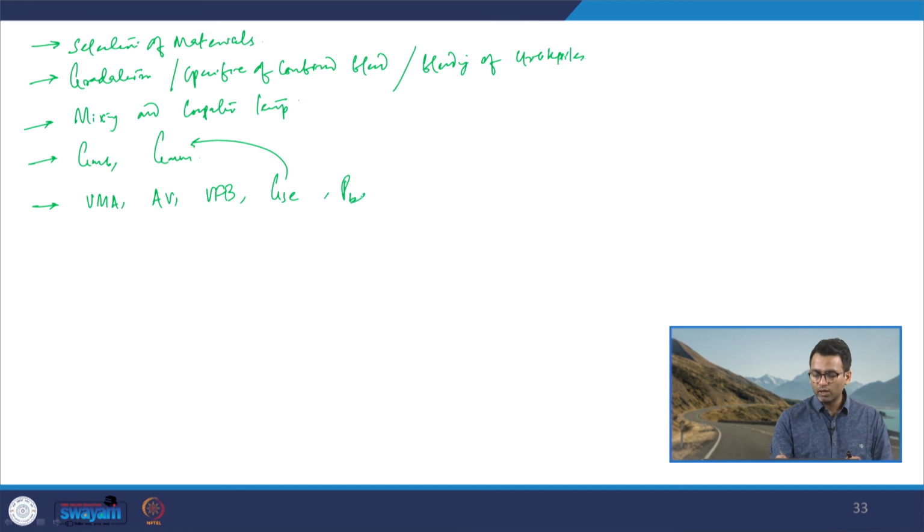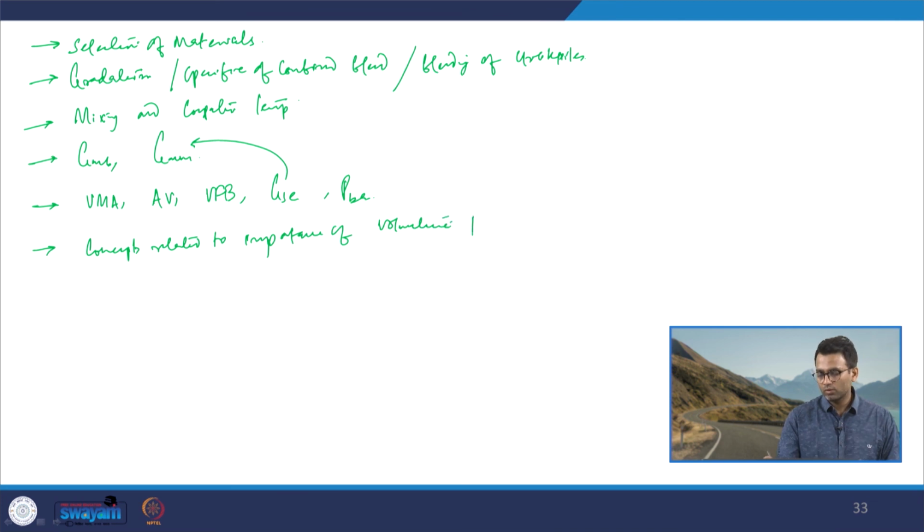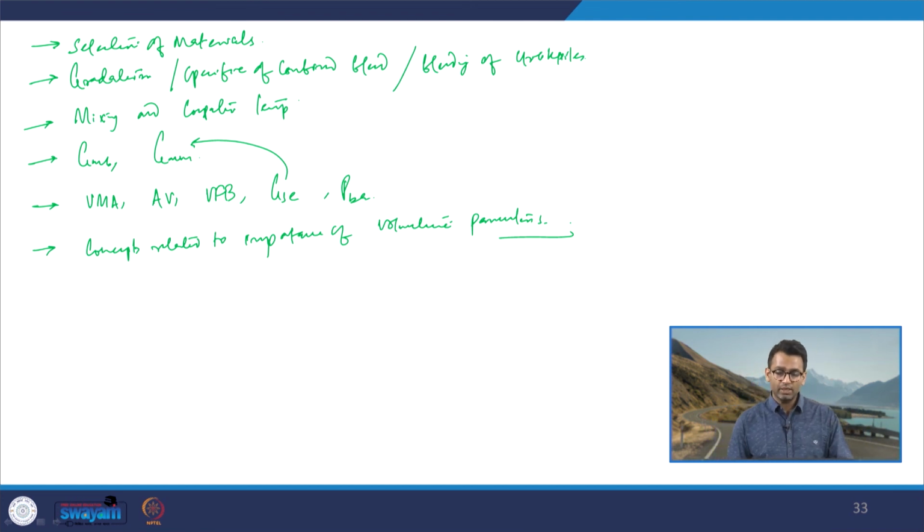We have discussed calculating the percentage of absorbed binder in the mix, and then concepts related to the importance of volumetric parameters. So, these are some critical steps which we have discussed during our several presentations in the past few classes.